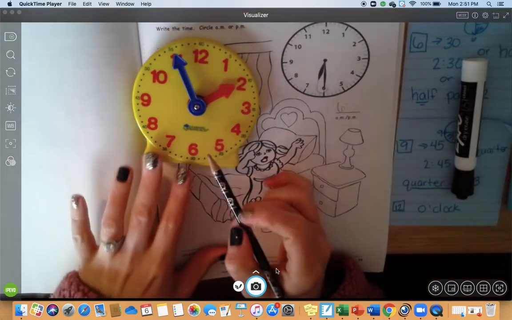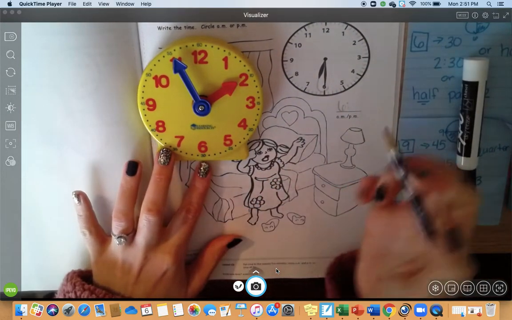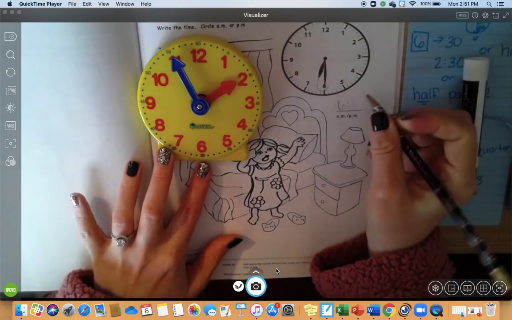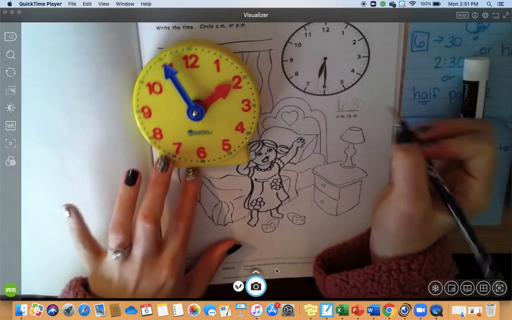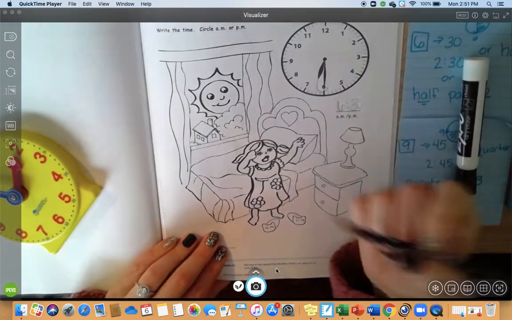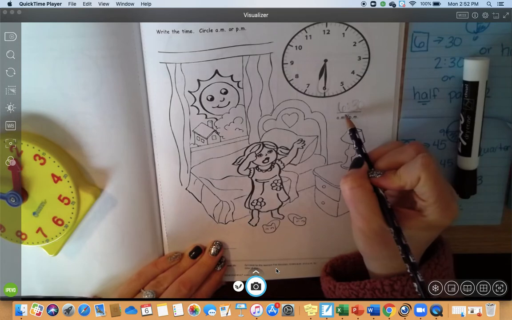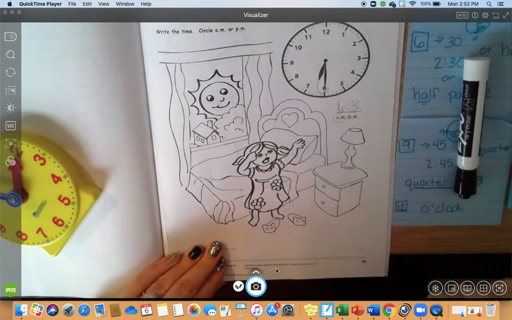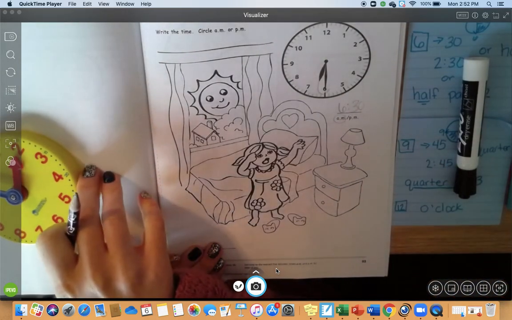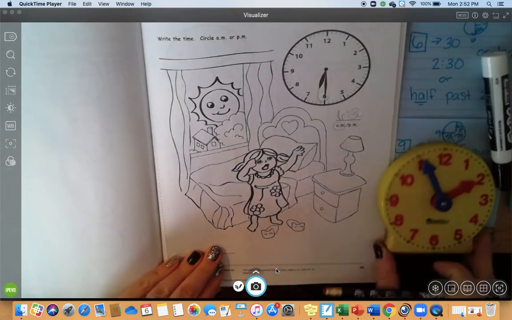If we can't remember what Minnie's number is at the 6, we look at our little clock. 6:30. Now, again, we thought this looked like it could be her waking up. Is 6:30 a time you could wake up in the morning? It sure is. So I would write 6:30, and then I would circle AM to show that it happened in the morning.